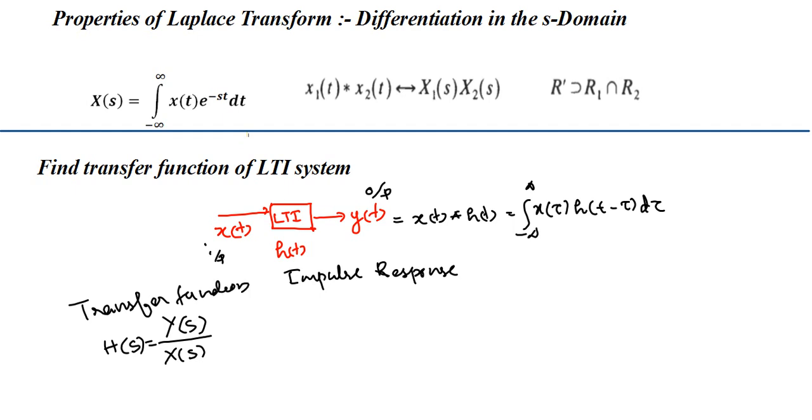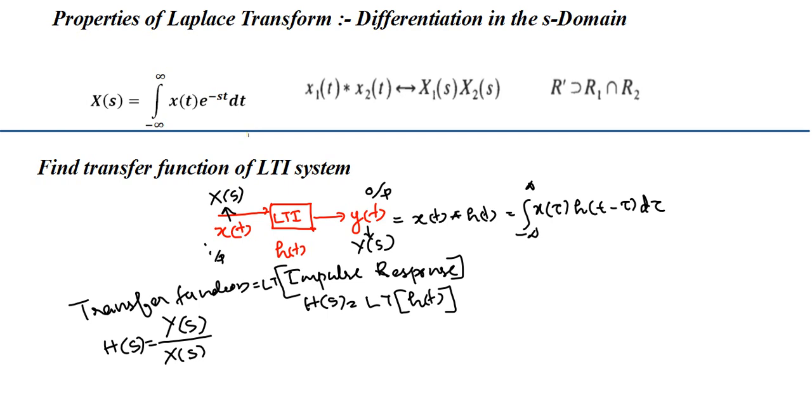We can say that h of s is the Laplace transform of h of t. The Laplace transform of the impulse response is known as the transfer function h of s, and x of s is the transform of x of t and y of s is the transform of y of t.